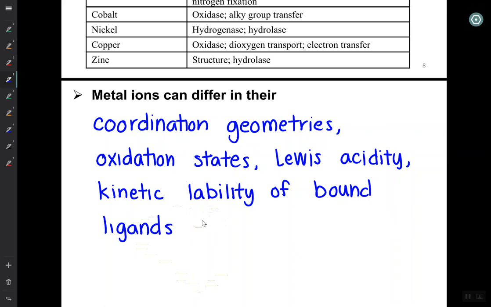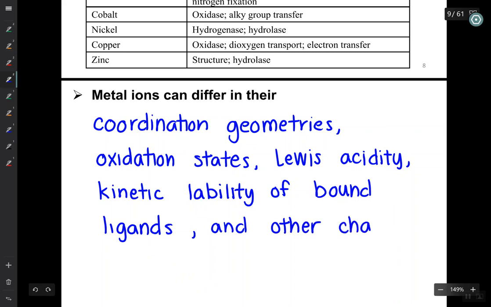So the exchange rate and other characteristics. Okay, so compared to organic elements like carbon, because metals have such different properties, they can be taken advantage of in biology for catalyzing biological reactions.